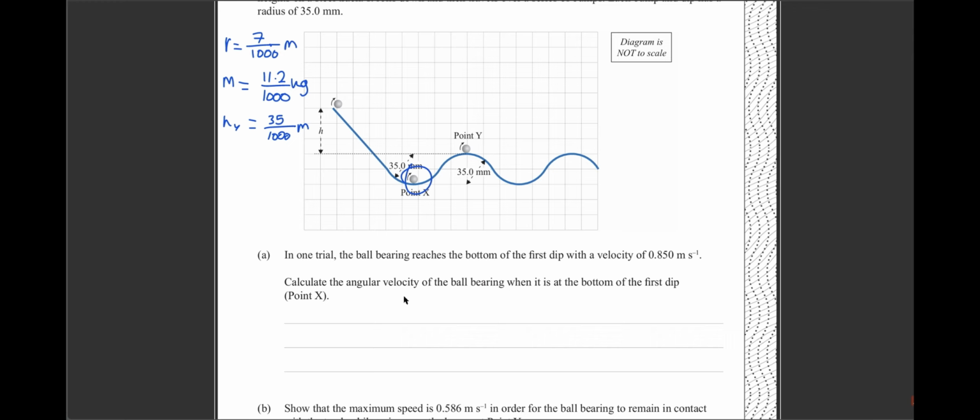Okay, so I think for this one we can just use the relationship v equals r omega, which implies that omega is just the ratio between the velocity and the radius.